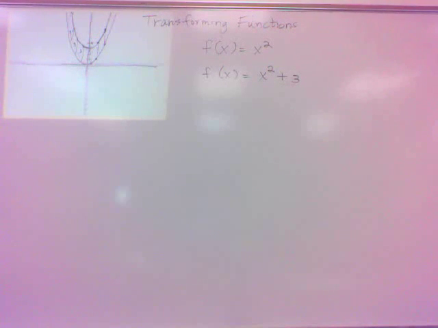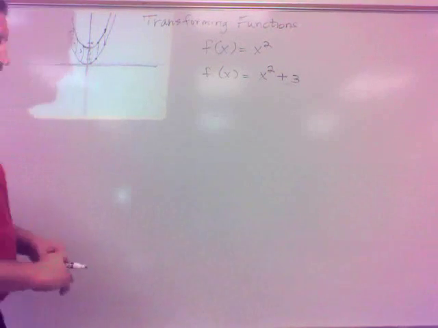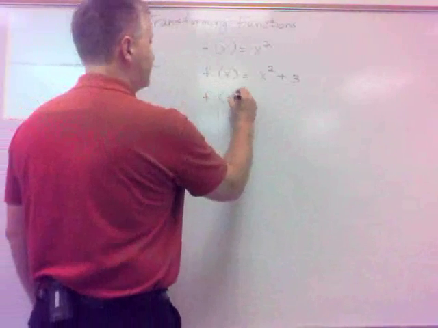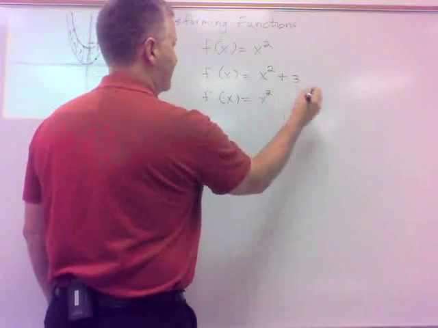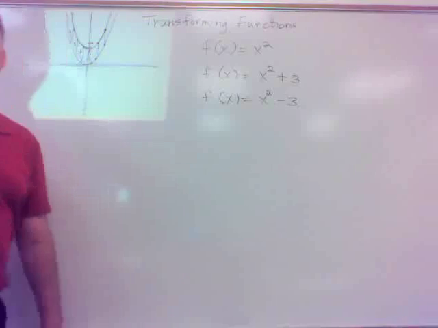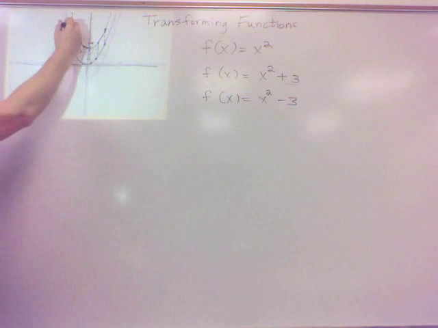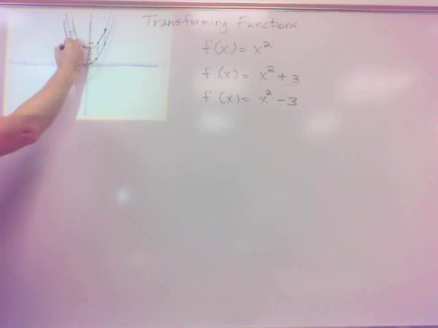All right. Well, that being said then, what might we expect if I did x squared minus 3? Well, this is an easy one, because if instead I go x squared minus 3 and graph it, there's my x squared graph, of course, and now here's x squared minus 3.